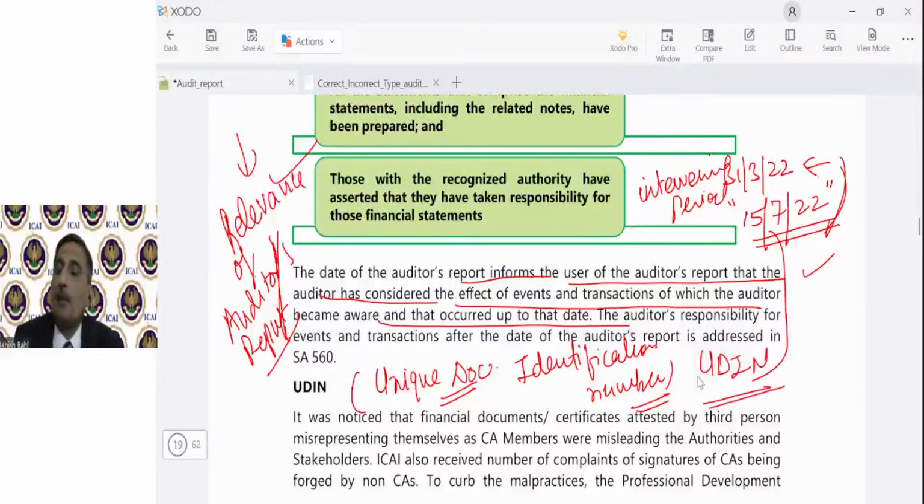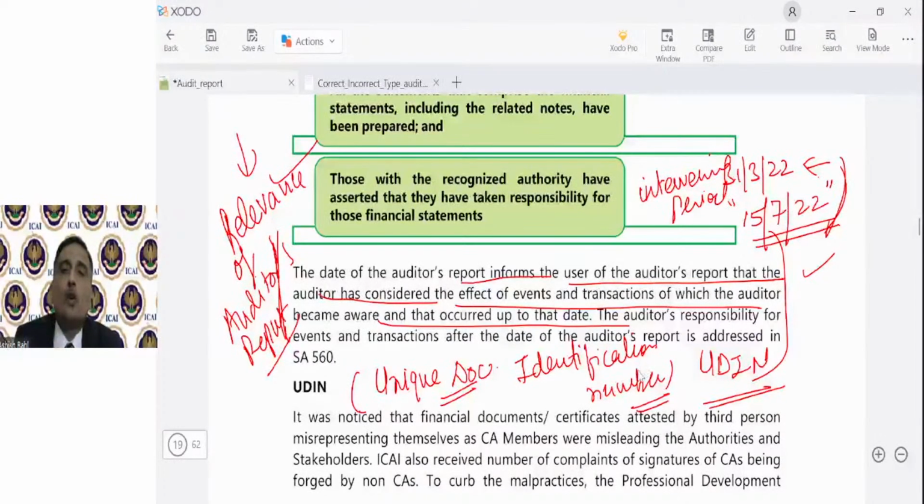Now it is compulsorily required to be stated in each audit report carried out by a chartered accountant. What was the purpose behind this? ICAI was receiving many complaints that persons who are non-chartered accountants were misrepresenting themselves as chartered accountants and misleading the public.